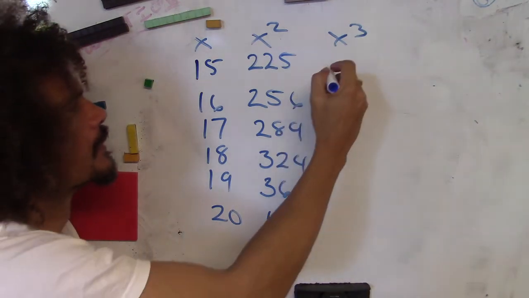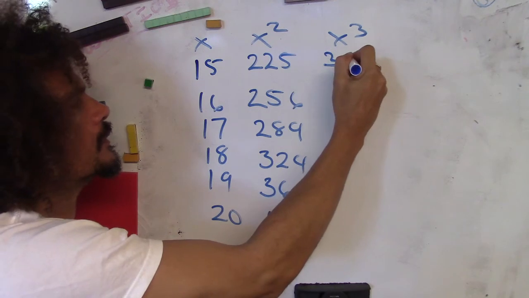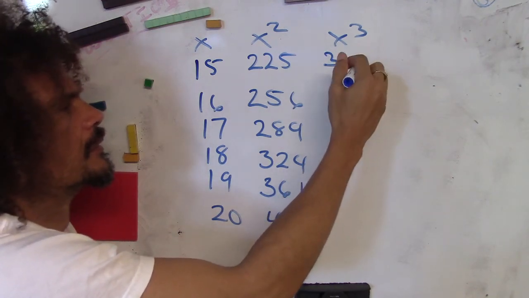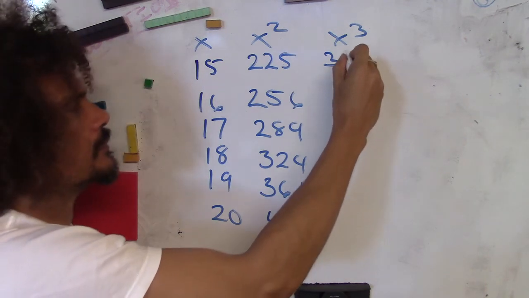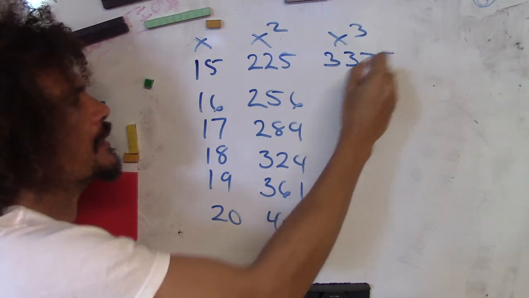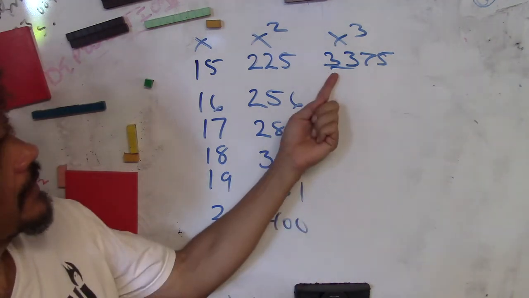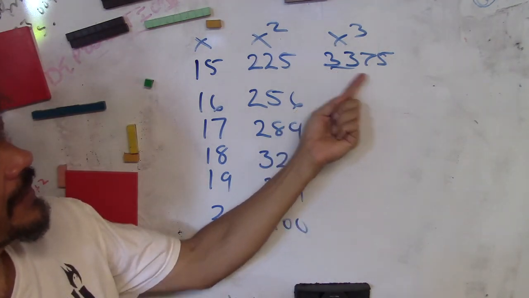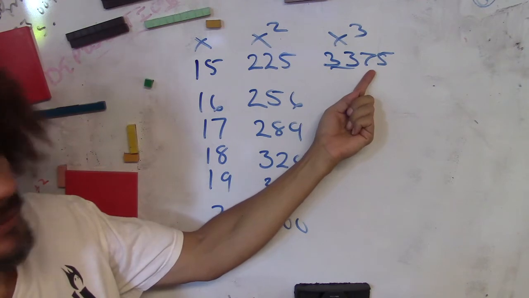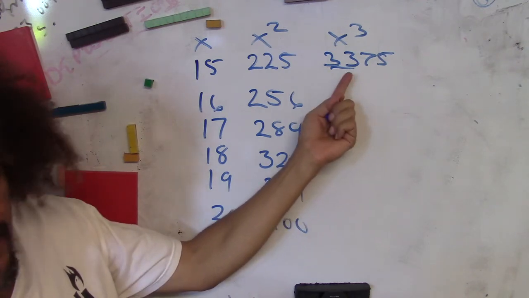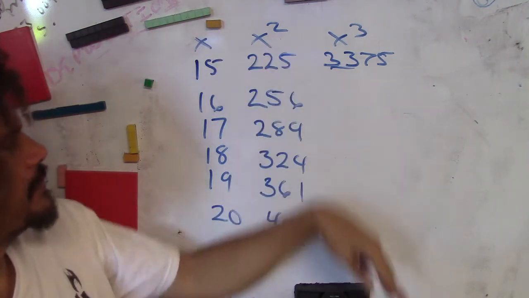All right, now cubes. 15 cubed is 3,375. And it ends in 75 instead of 25. Might do a lesson on cubing numbers that end in 5, but not today.